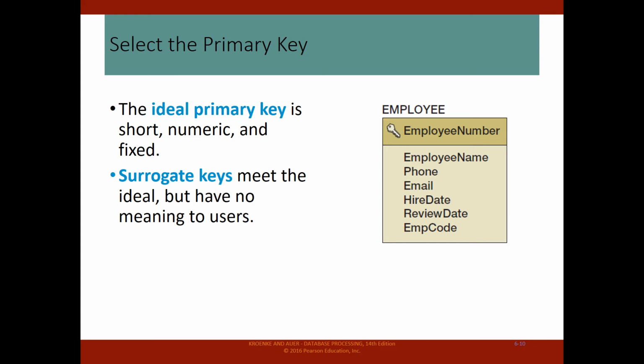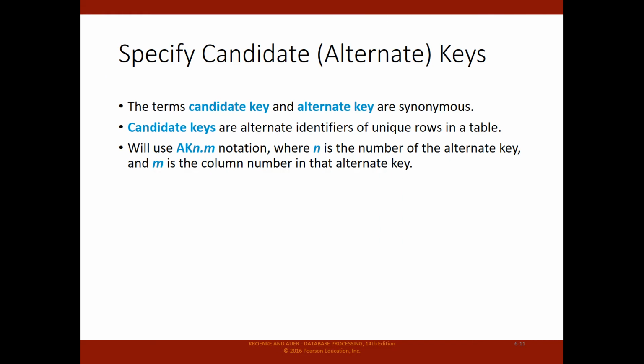And then we have a surrogate key. And we will talk about surrogate key in a little bit. A surrogate key is a key that is created by the system itself for you. It doesn't have any specific meaning, but it is very helpful. And we will talk about how you can utilize the surrogate key in your system or in your project.